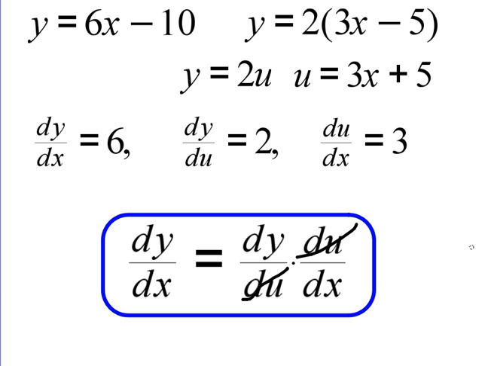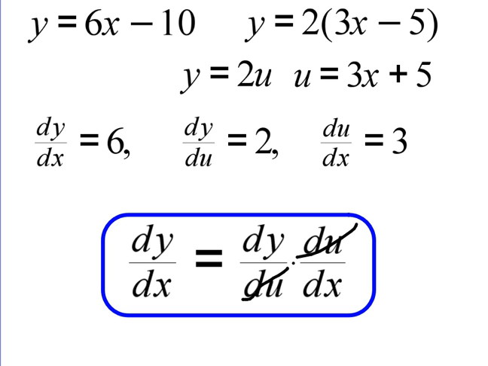Now, I use the term cancel very lightly here because they do not actually cancel. Like I said in a previous video, we are going to implicitly define what du really means, and we haven't done that yet. But we can use that term loosely to say they cancel to leave us dy dx.